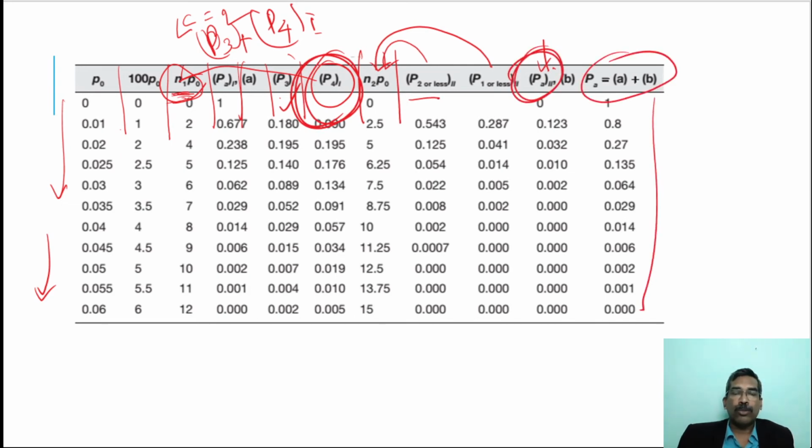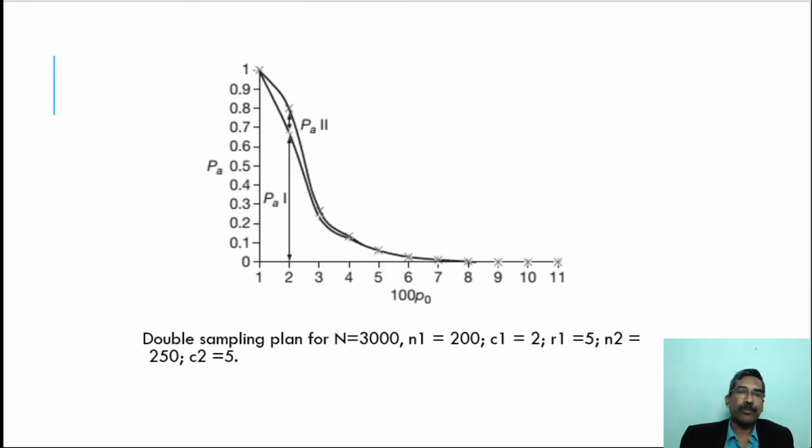So this is the value of PA, and we can plot here. This is the value of PA, and this is the value of PA1. So in this way we can plot the double sampling plan.